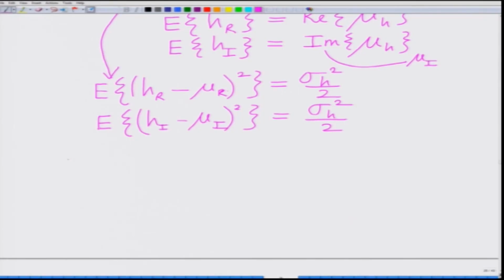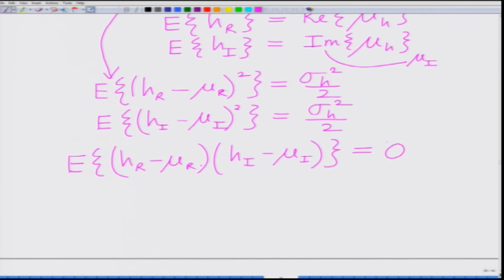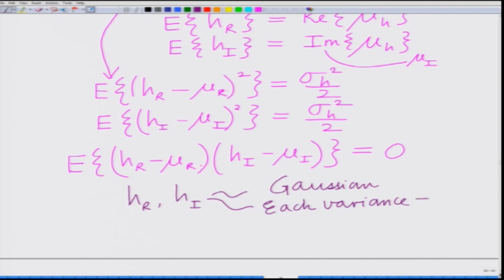So, expected value of HR minus mu r times HI minus mu I equals 0, which means these quantities HR and HI are both Gaussian, and each has variance half sigma H square.